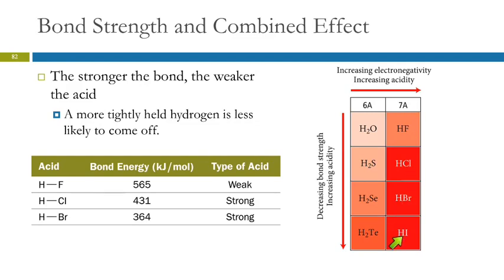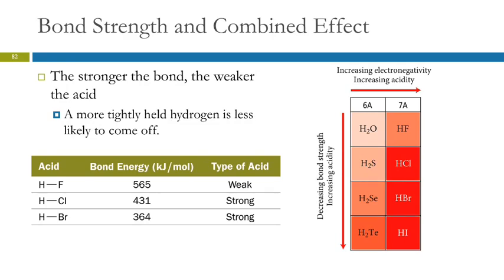So why is this bond with HI weaker than HF? This is back to Chem 1A. Because HI is larger, so it's holding the hydrogens farther away.